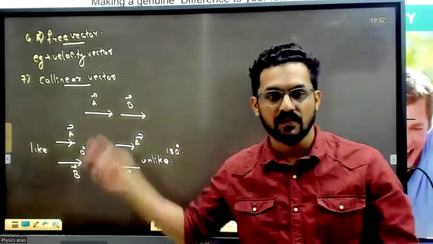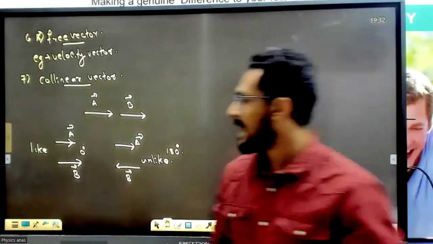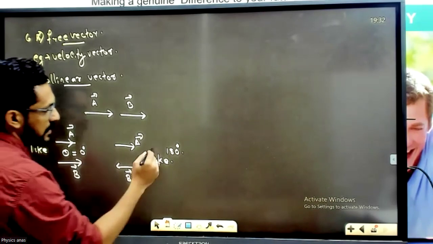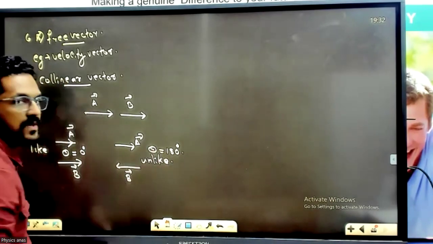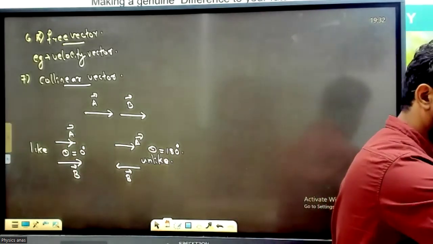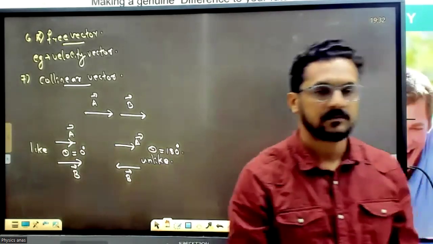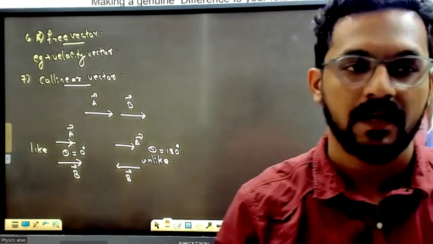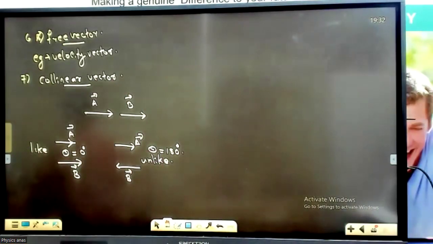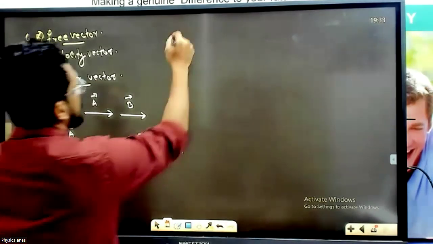You can draw the figures. Here theta is 0. Here theta is 180. Draw the figures. Done? Then the next vector.